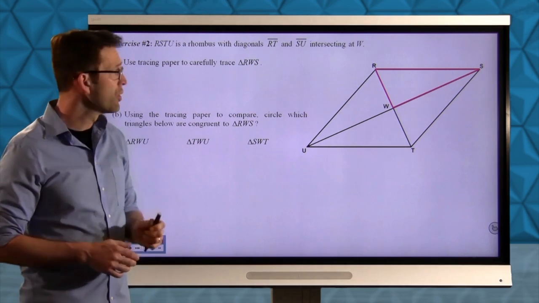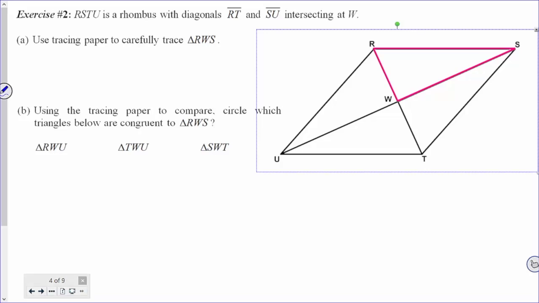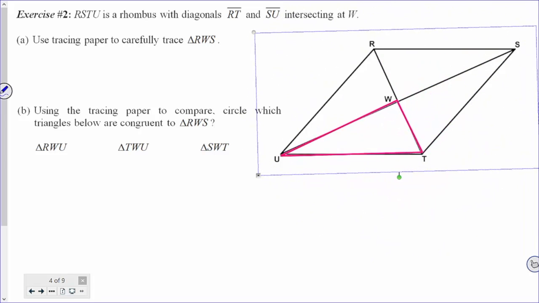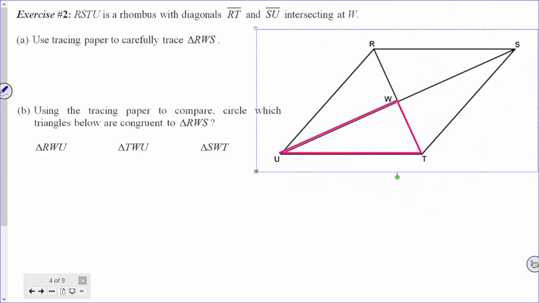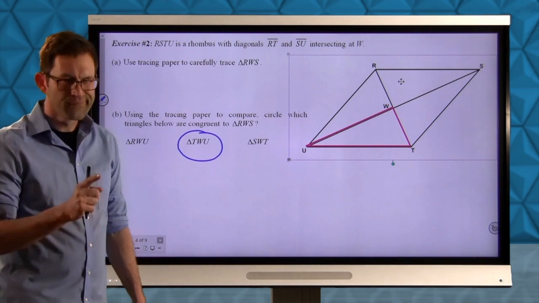All right, well, let's go through it really quick. One thing I can do right away is if I take my triangle and rotate it by 180 degrees, I can see that it lands right on top of TWU. So that one's definitely congruent to it.